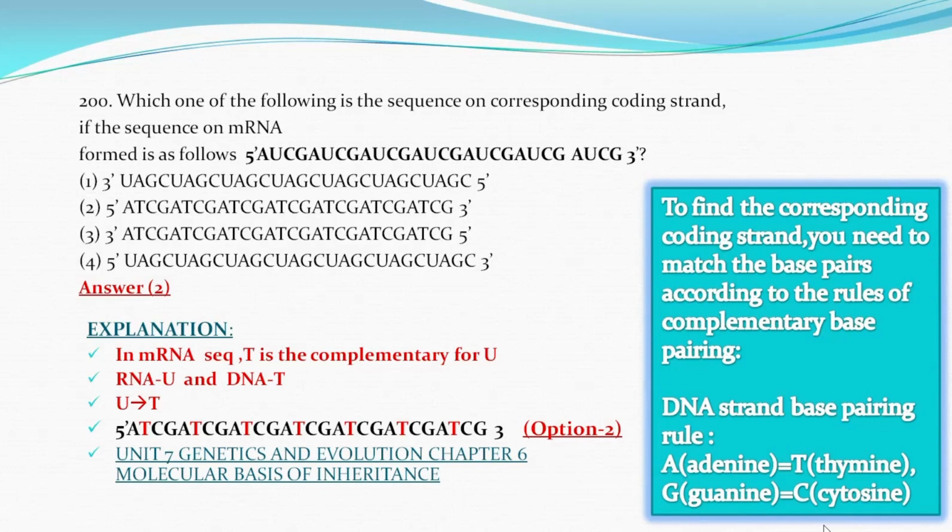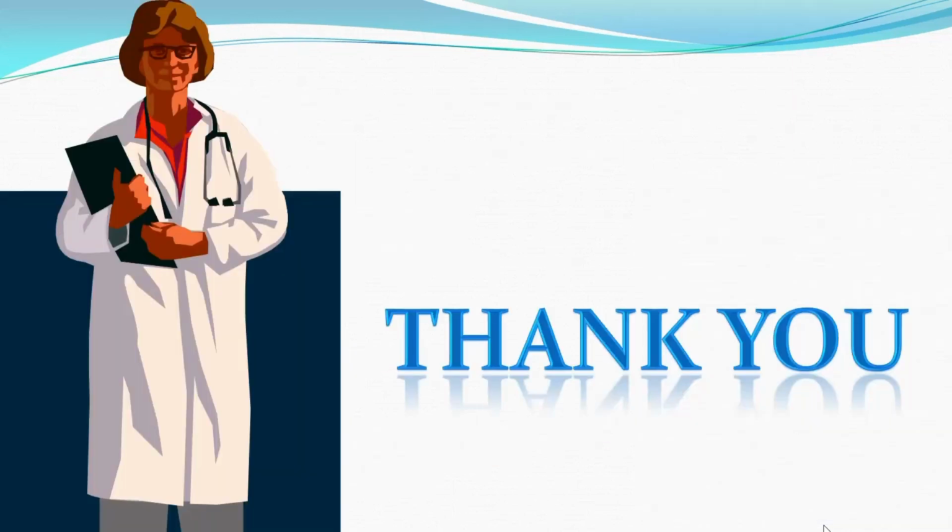Explanation, to find the corresponding coding strand, you need to match the base pairs according to the rules of complementary base pairing. In mRNA sequence, T is the complementary for U. So the answer is 5' ATC GAT CGA TCG ATC GAT CGA TCG ATCG 3'. So this question is taken from Unit 7, Genetics and Evolution, Chapter 6, Molecular Basis of Inheritance.